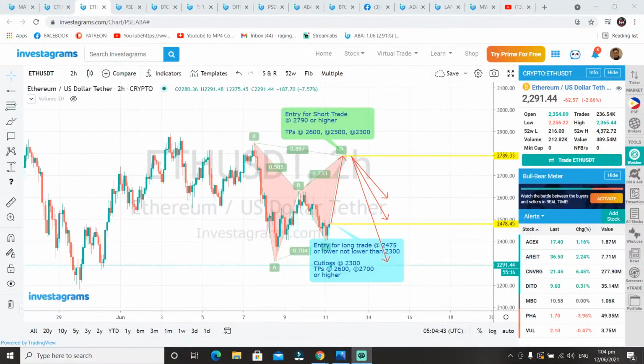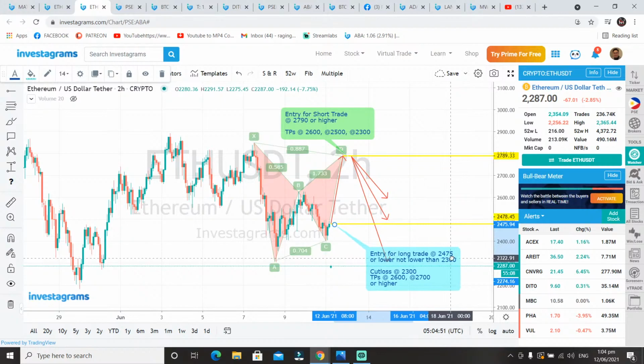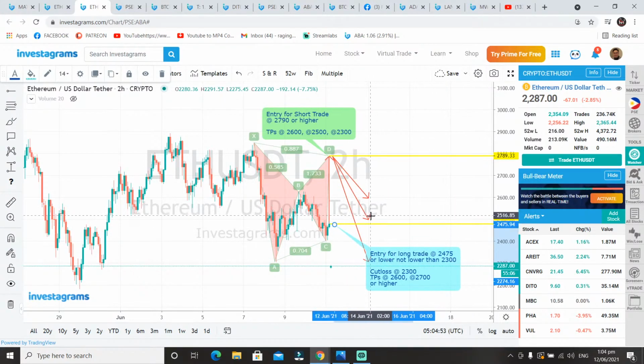Okay, for our long trade, our entry was supposed to be 2,475 or lower, but not lower than 23. You know the drill: as the price gets lower, you observe and wait for it to go lower. If it comes closer to our cut loss level, that's the time you can use your leverage.